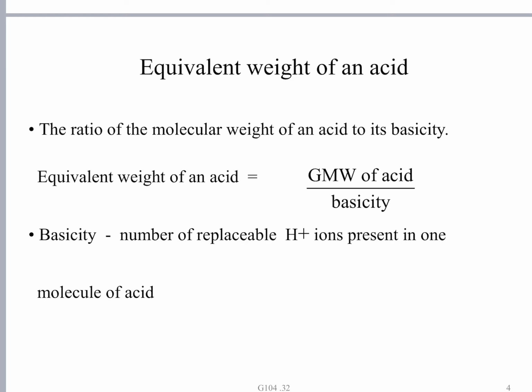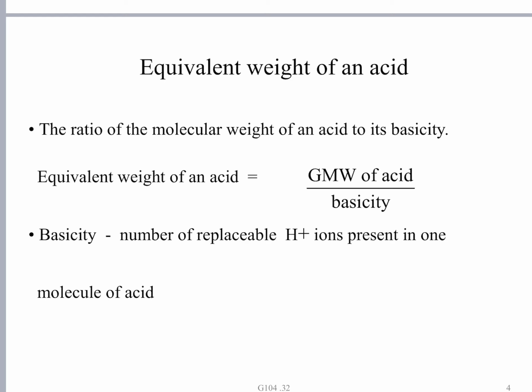Likewise, to solve problems on normality, a student must be able to calculate the equivalent weight of a given substance. This equivalent weight comes from the molecular weight. So, in the earlier case, we learned molecular weight.